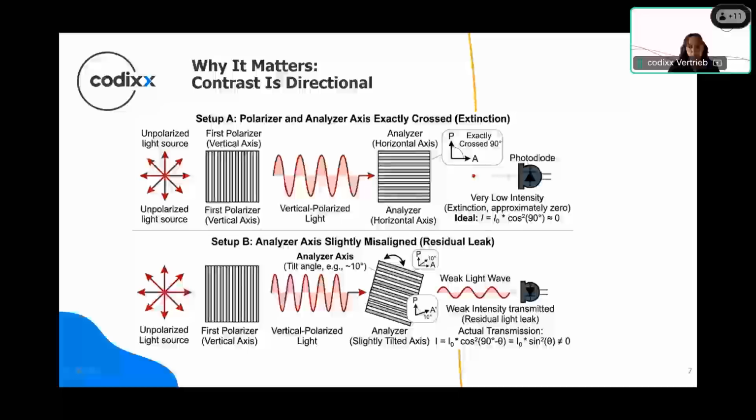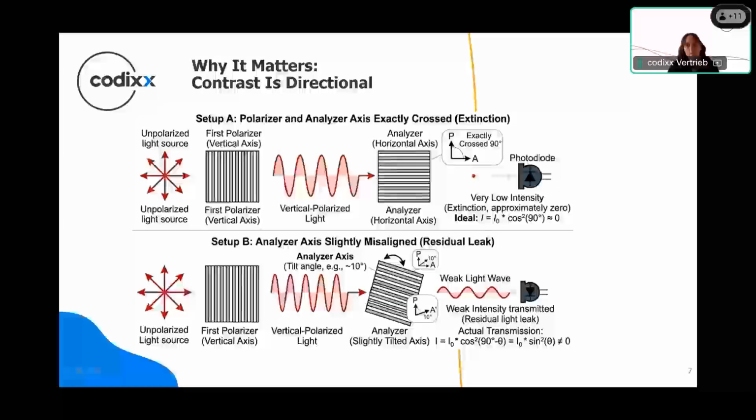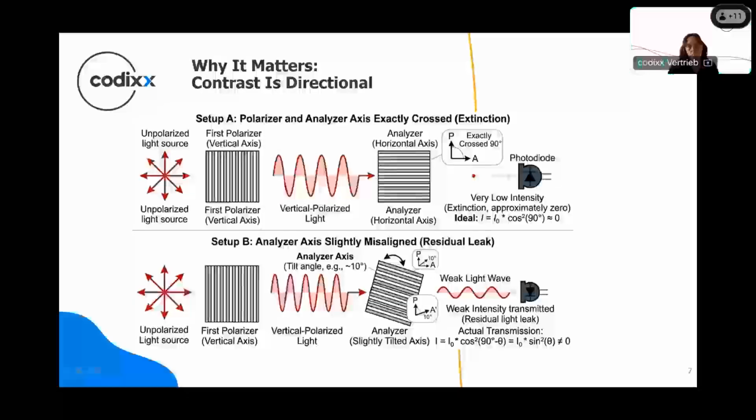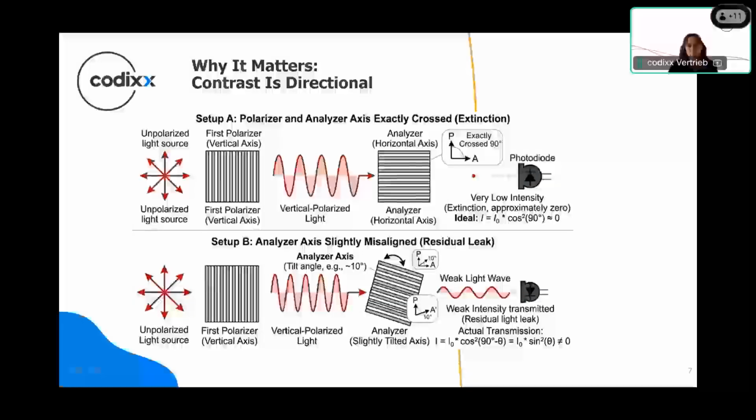In a practical sense, the contrast tells you how well the polarizer can separate polarization states. Axis accuracy helps to ensure the system actually uses the capability of the intended direction.